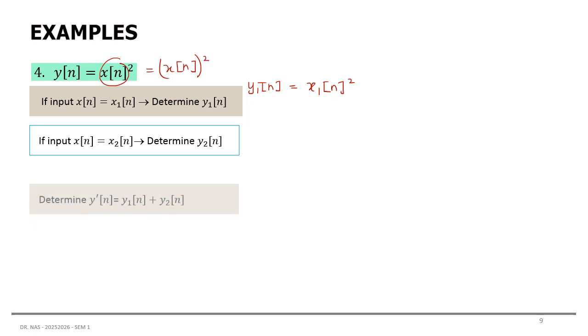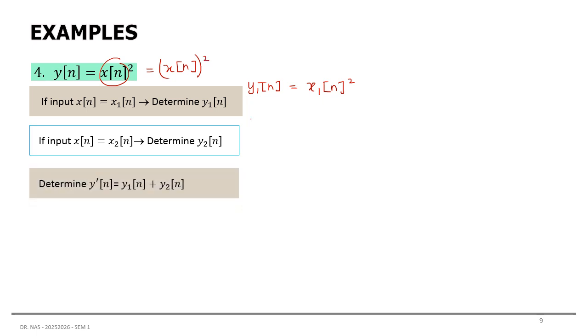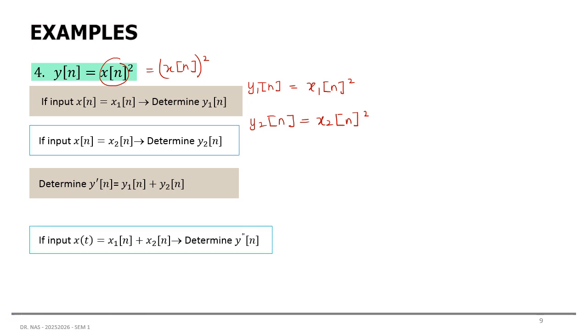Next, y2[n] equals x2[n] squared. Third step, determine y prime[n], so y1 plus y2. This one equals x1[n] squared plus x2[n] squared.